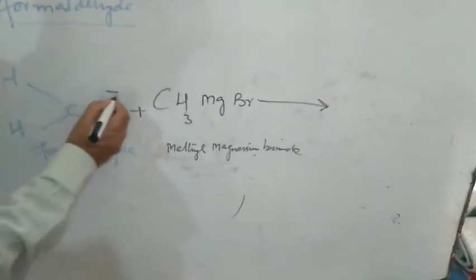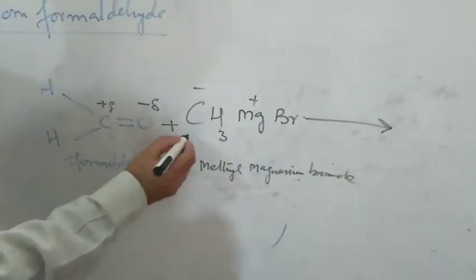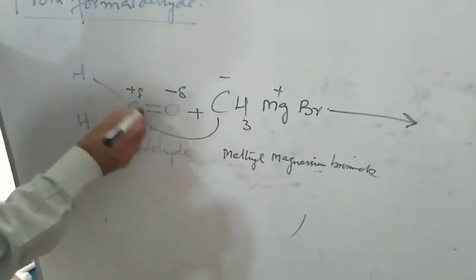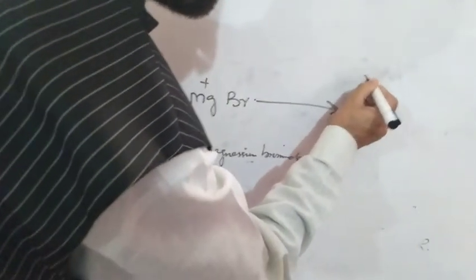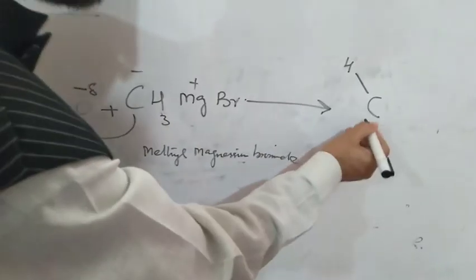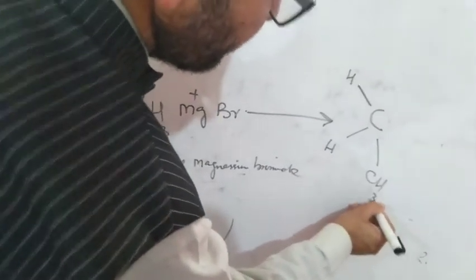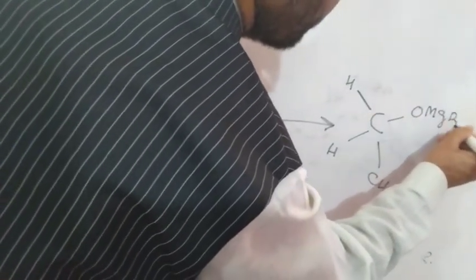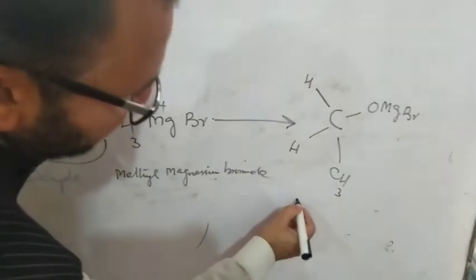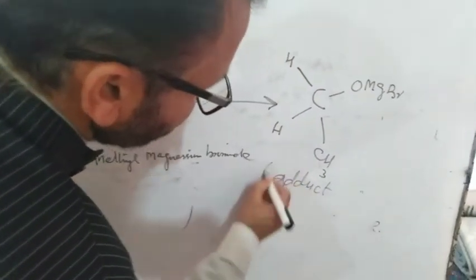This is negative, this is positive here, this is negative and this is positive. So first nucleophilic attack occurs, gives C, here one hydrogen, here the other hydrogen, and here CH3 and OMgBr. This is the addition product, or we call it adduct.